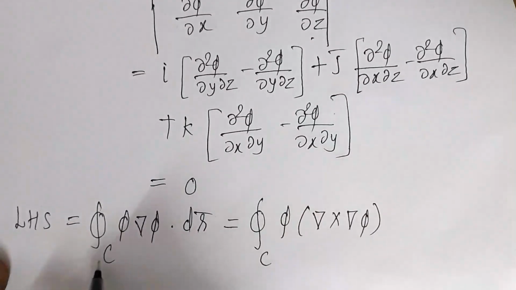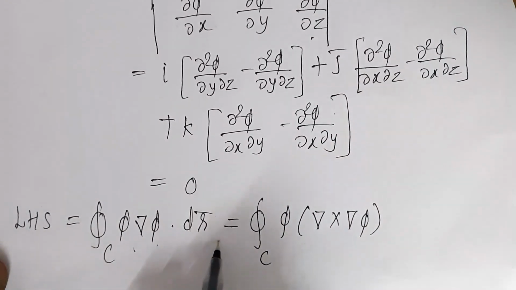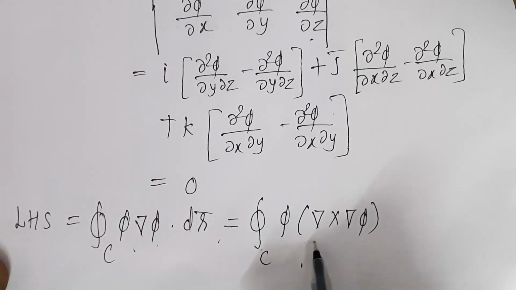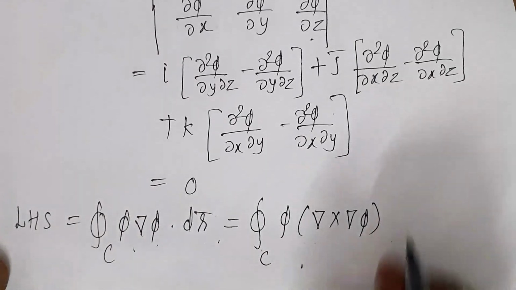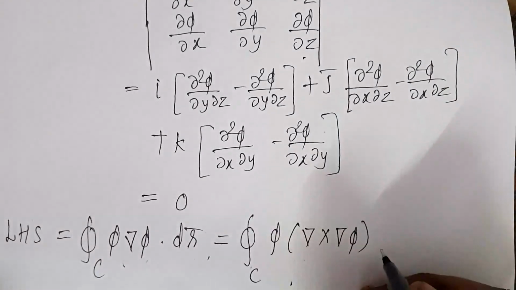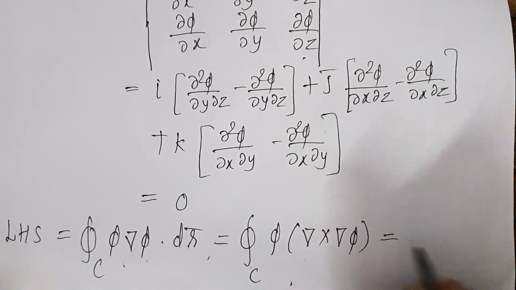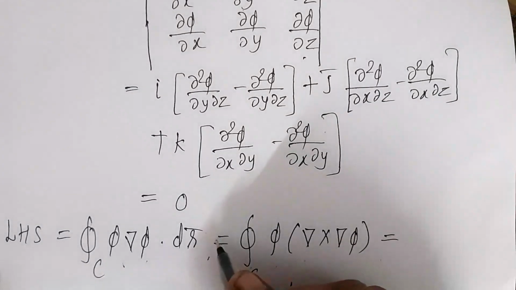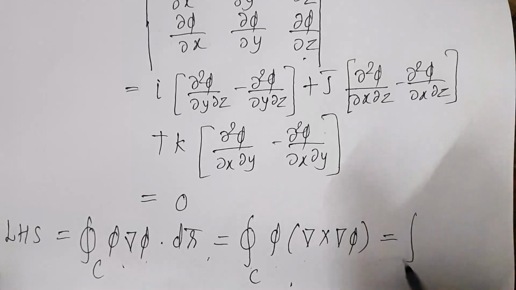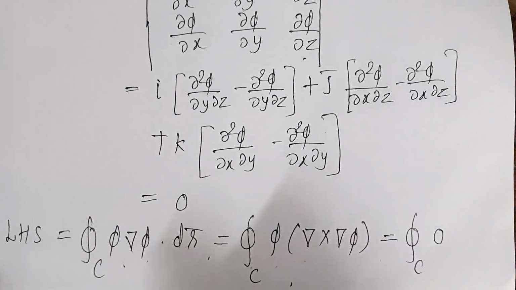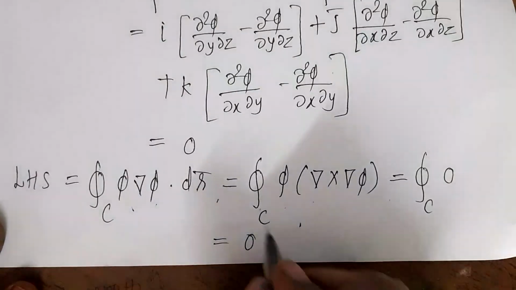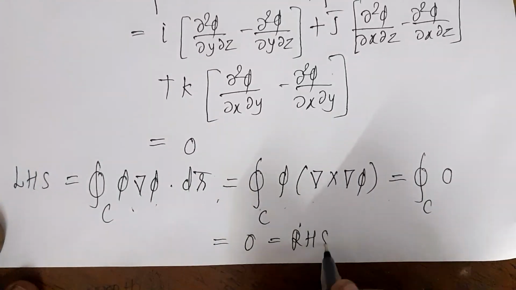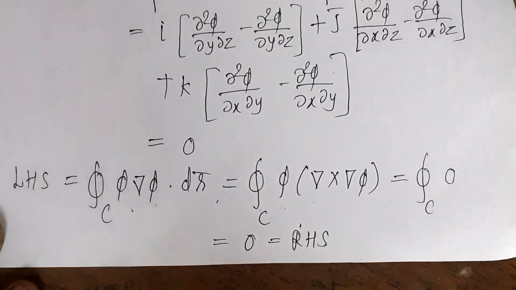What is this term? It is equal to 0, as we just found. So this is integral over C of 0, which is equal to 0, which is equal to RHS. So we get the result LHS is equal to RHS.